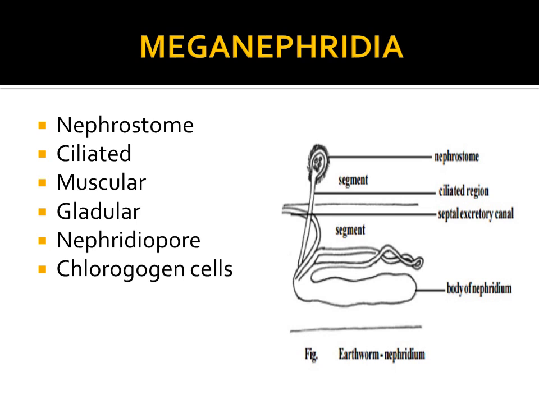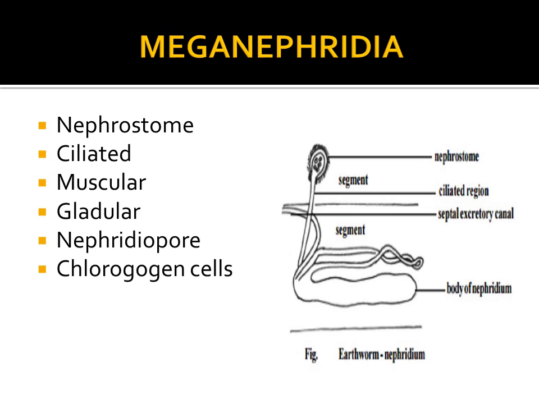Okay. So these also directly extract waste from the coelomic fluid and this waste will be eliminated out. Is it clear? So this also will be asked as a question. The functions of meganephridia will be one of the questions, and how the chlorogogen cells function is also one of the questions, right? And hope we can conclude here.